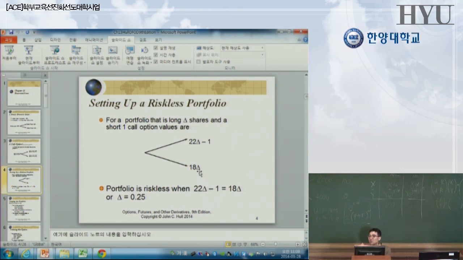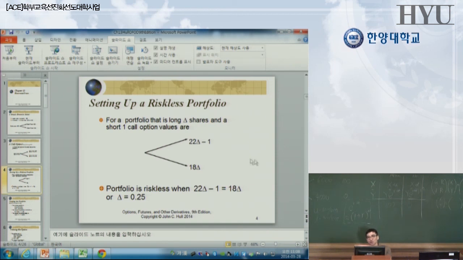Therefore, it is a riskless portfolio. So to make them equal, 22 delta minus 1 equals 18 delta. It is one equation, one unknown. So we can solve it, right? Delta is 1/4.